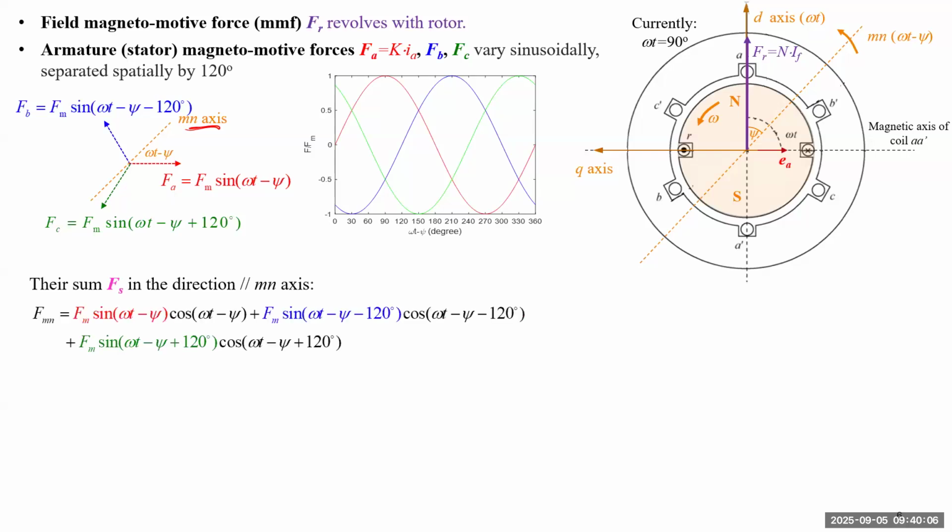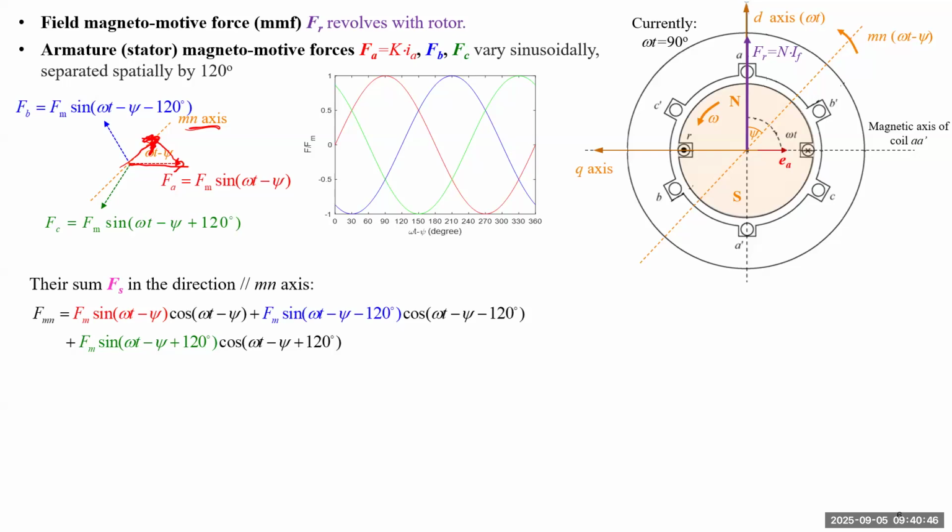In the parallel direction, we project each F onto this direction. For FA, if there's a magnetomotive force in A, we project it to this direction. So you draw this rectangle, and we keep the component of FA in the parallel direction.